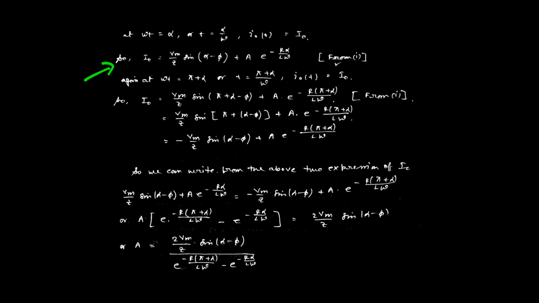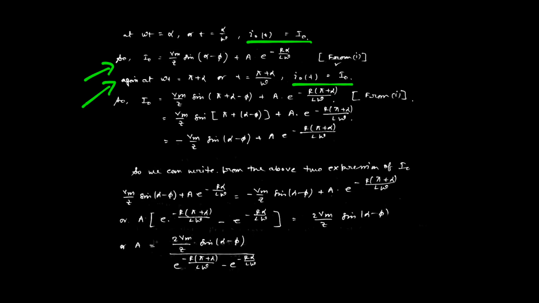Again, at omega t equal to pi plus alpha, the current I0 should be equal to capital I0 at t equal to pi plus alpha by omega. That means for both cases, I0(t) is the same, capital I0.